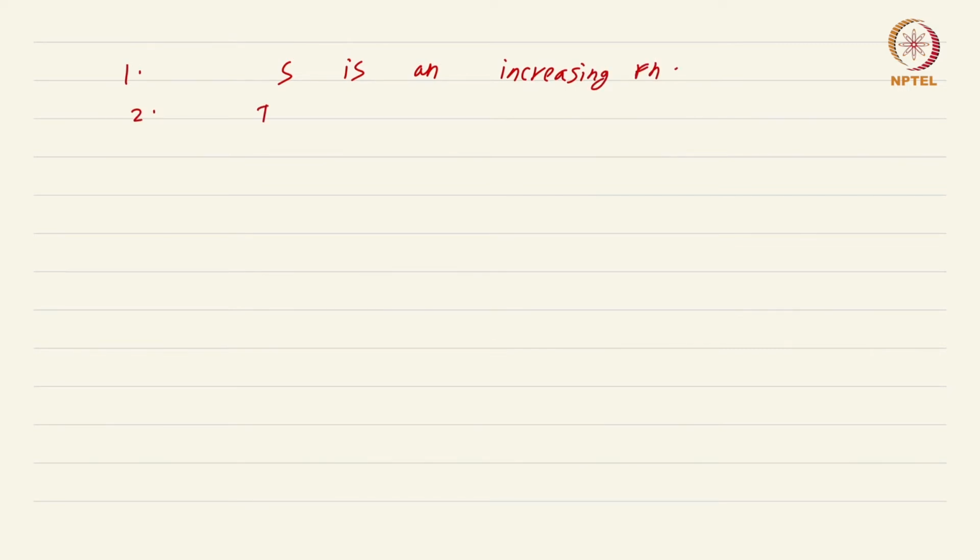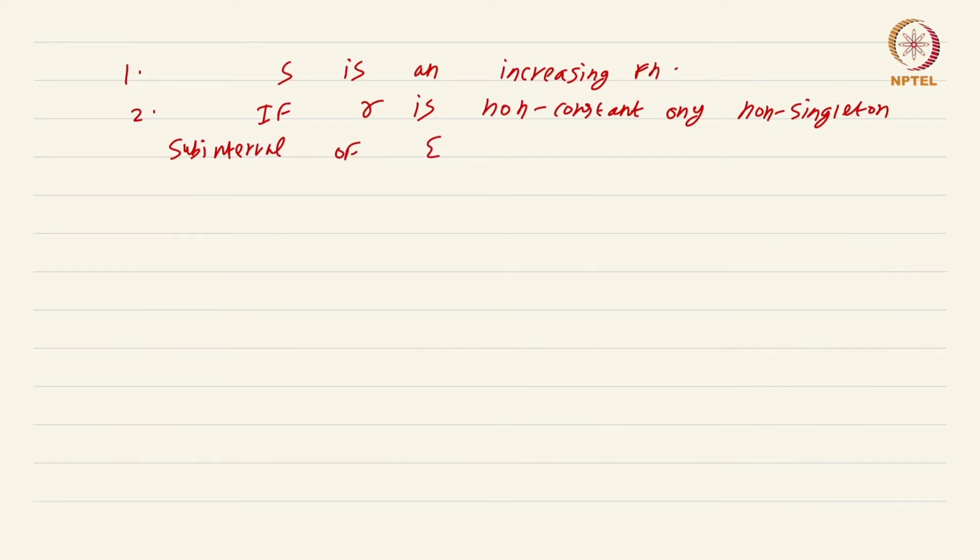2, if gamma is non-constant on any non-singleton subinterval of [a, b], then s is strictly increasing. 3, not gamma, s is continuous.